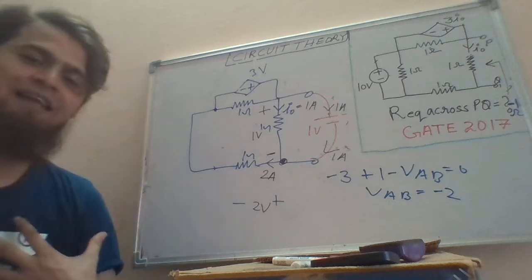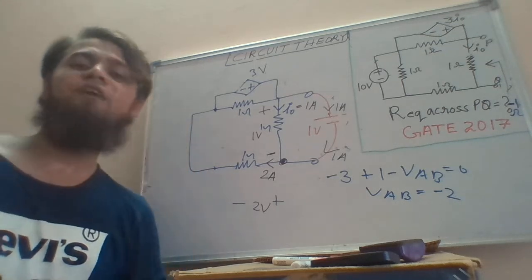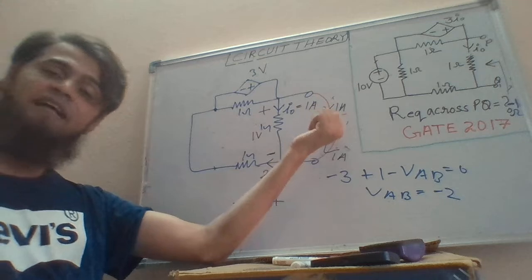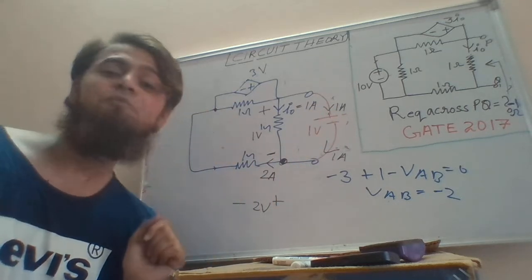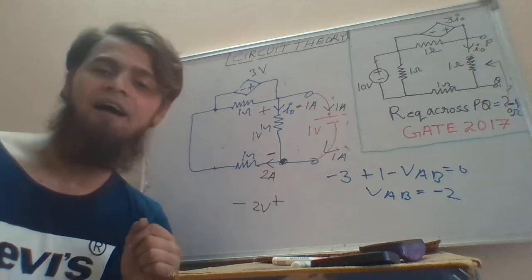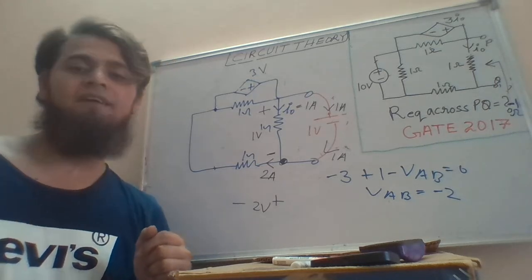So this dependent battery comes into the picture because of this independent battery, but once this dependent battery comes into the picture, it overtakes the independent battery.